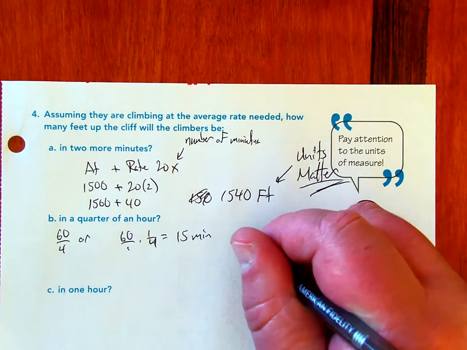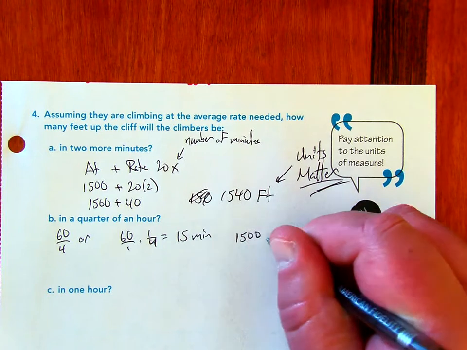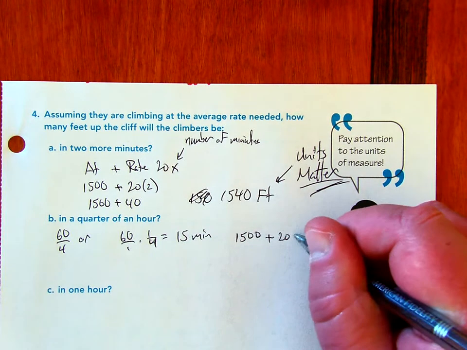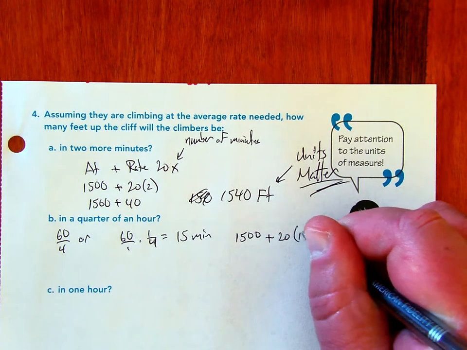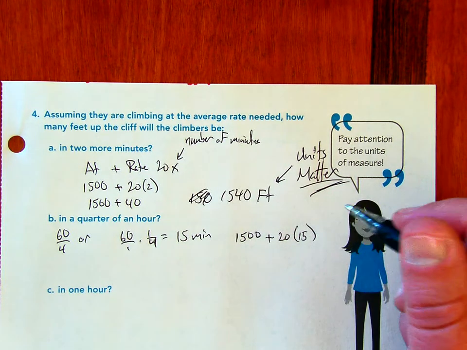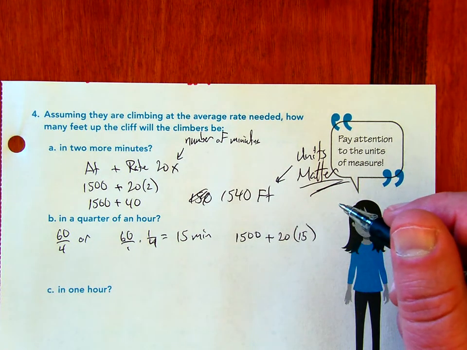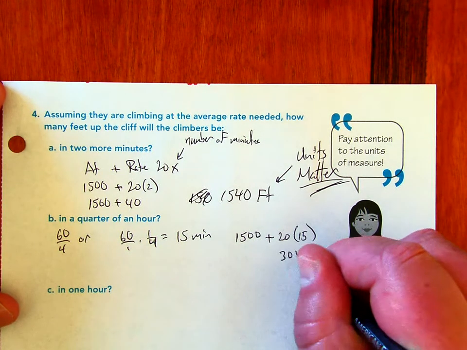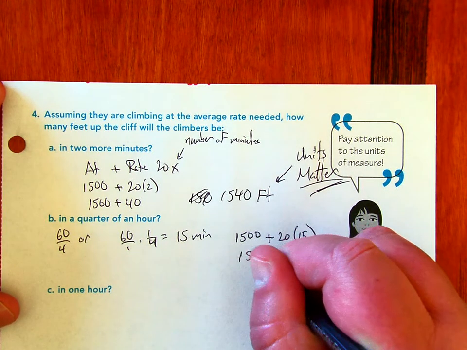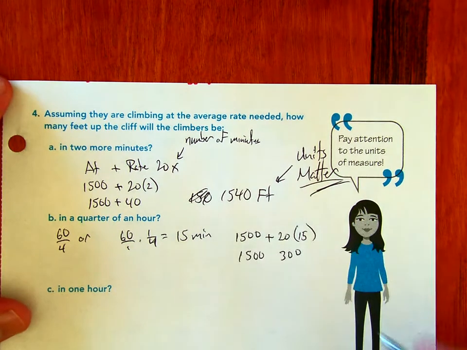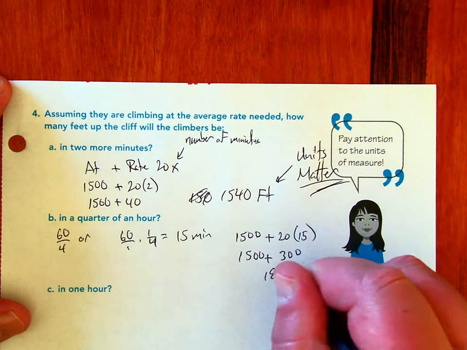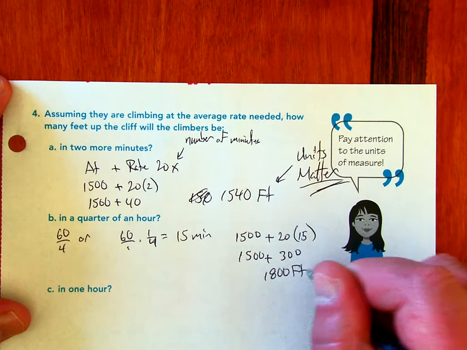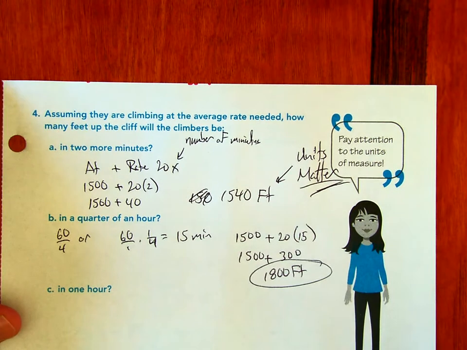Well, they were at 1,500 feet plus their rate, 20 feet per minute, for 15 minutes. 20 times 15 is 300 feet, plus the 1,500 they were already at. So they would be at 1,800 feet after 15 minutes of you being there.